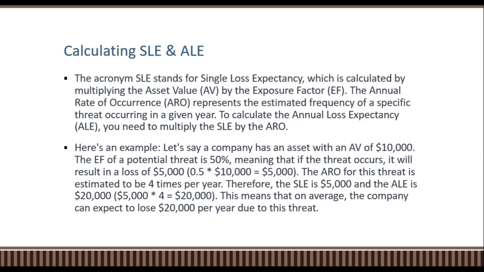And the ALE is $20,000, right? So if one instance that occurs is $5,000, 5,000 times 4 equals 20,000. This means that on average, the company can expect to lose $20,000 per year due to this threat.